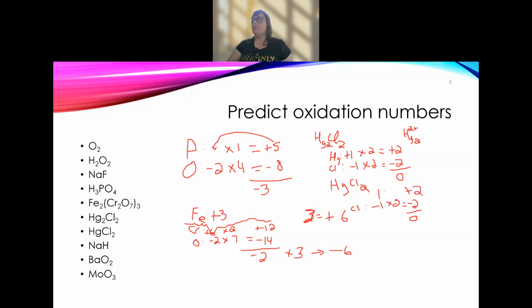There's only 1 of them. And so to make that work, this charge must be plus 2. Sorry for my unclear hand scratching, which is why I'm giving you better notes. So that's what we're talking about there. So that Hg is a plus 2.